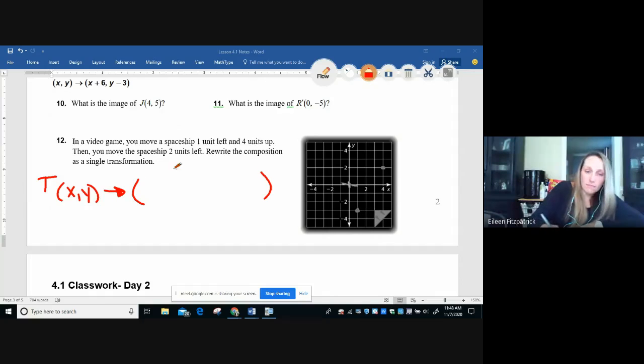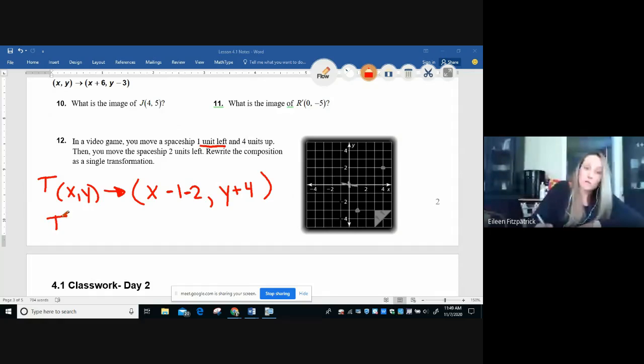And again, you have to move all points 1 unit left. So I'm going to start by subtracting 1 from the X, and then 4 units up. So it's going to be Y plus 4. But then it also says, then you're going to move the spaceship 2 units left. So if I'm moving 2 units left, that means I'm going to then have to subtract a 2 from the X. All right, so I'm going to simplify this all.